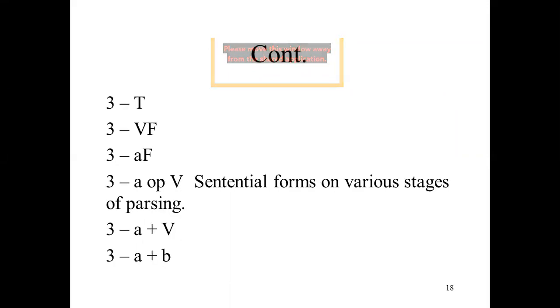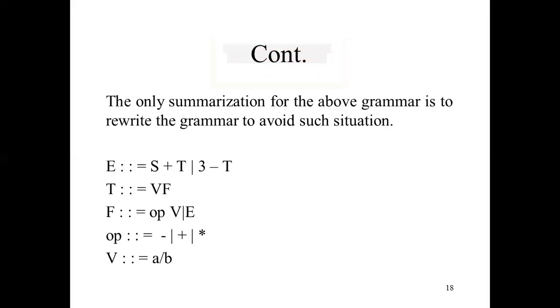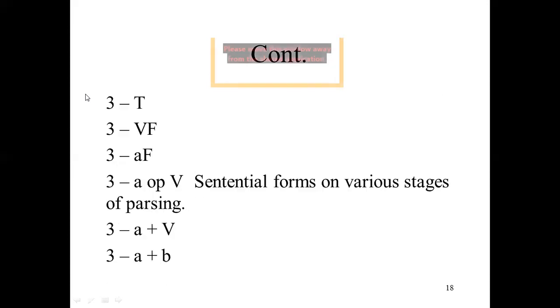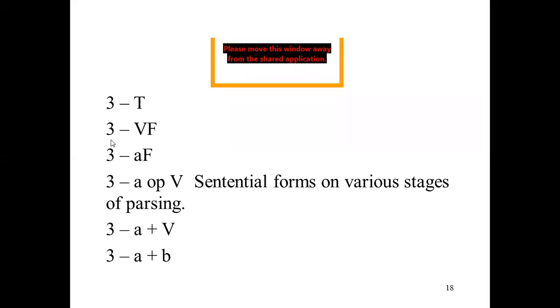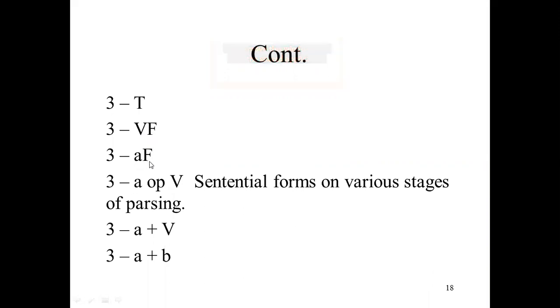Now you can see we are choosing 3 minus T here. Again, you can replace this T by V F, because our given string is 3 minus A plus B. So 3 minus, and again we choose the value of V as A. Then we write F again.